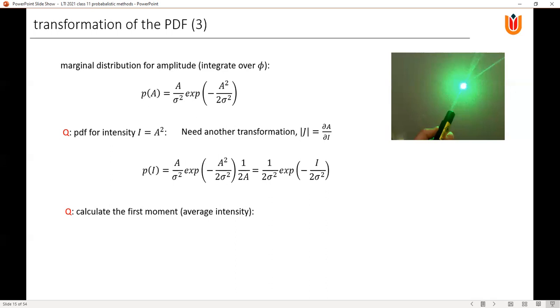What would be a logical next step to do? I have used partial integration. Yes, okay, but first to make life a little bit easier, let's make a substitution. Let's say x equals I over sigma squared.